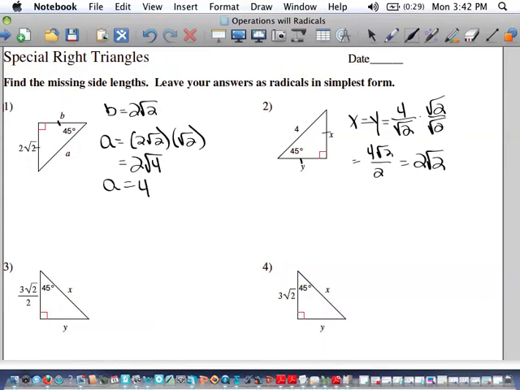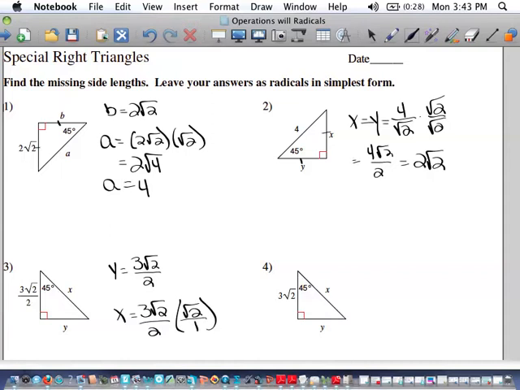Number 3 looks a little trickier. I recognize that y is the same because they're both legs, 3 root 2 over 2. But now to find x, I need to take the length of the leg, 3 root 2 over 2, times root 2.